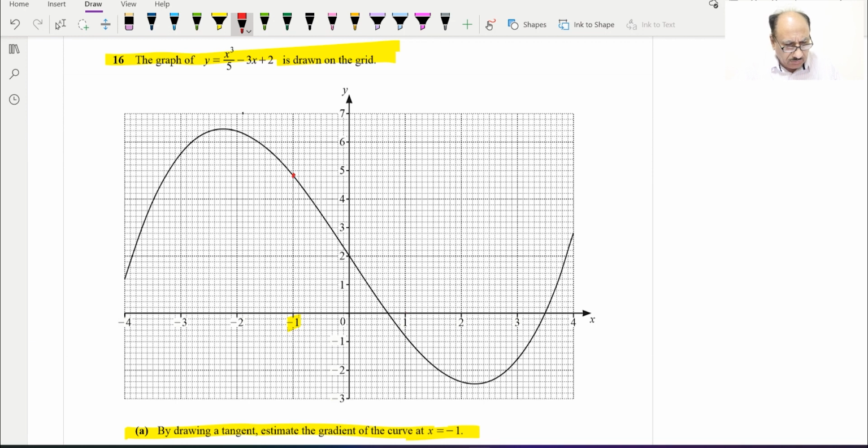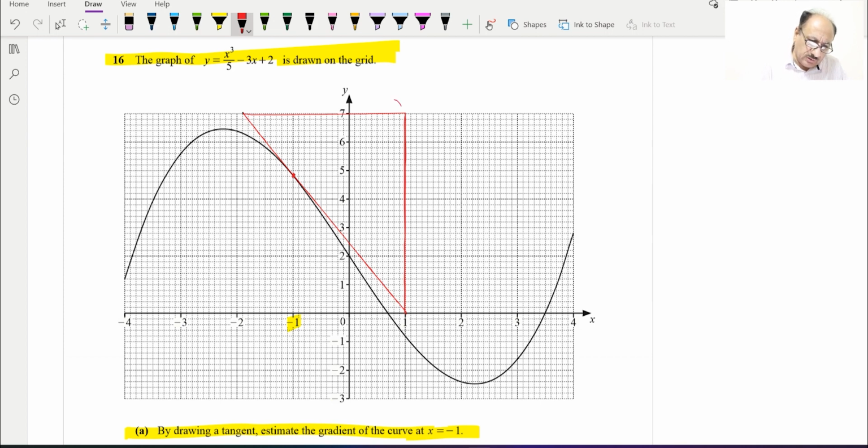To draw the tangent, we can draw this line, and now we need to find the gradient. For the gradient, we can draw the triangle. We can complete this triangle, and then we will be checking rise over run for the triangle, and this is the completed triangle.